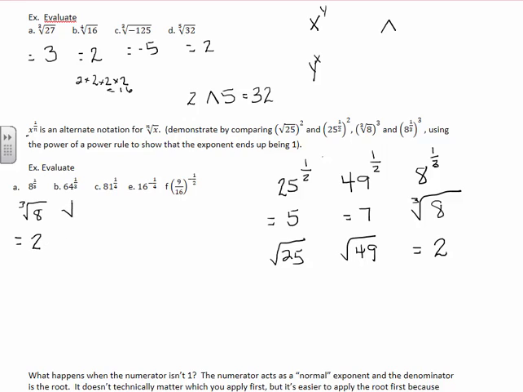The cube root of 64, another way of writing 64 to the 1/3, would be 4. 4 times 4 times 4 equals 64. The fourth root of 81 would be 3.